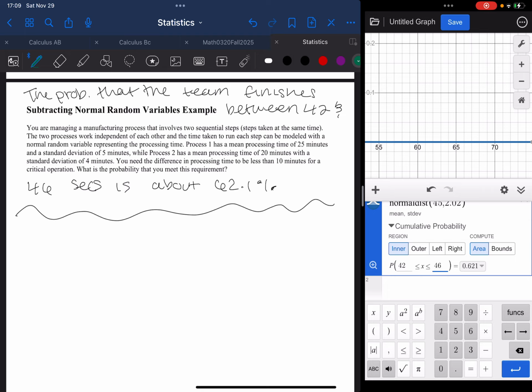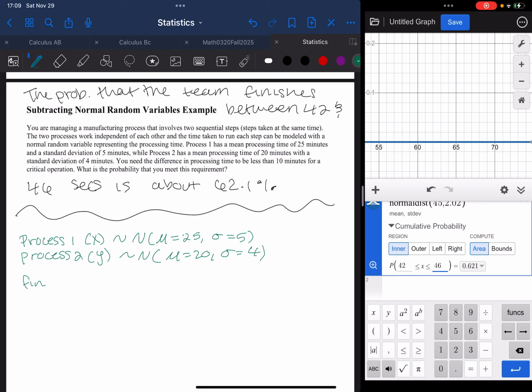So we are given the information for process 1. Let's label that x. And we know x follows a normal distribution where mu is equal to 25 and sigma is equal to 5. So I'm just pulling the information from the problem. So we have process 2, and let's call that y, follows a normal distribution of mu equal to 20 and standard deviation equal to 4.